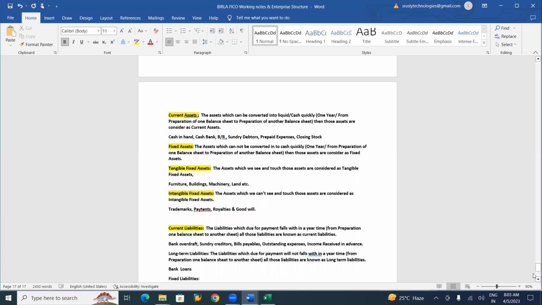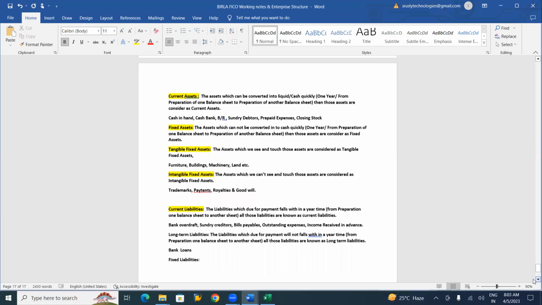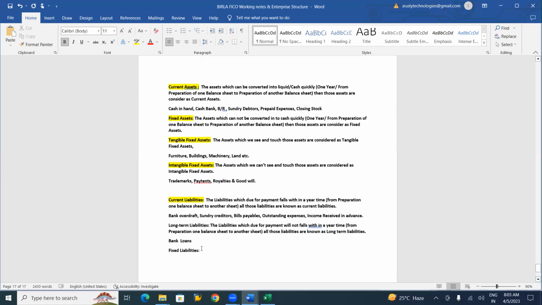Next one, fixed liability. What do you mean by fixed liability? Fixed liability is nothing but the liability that we pay at the end, after repayment of all liabilities.